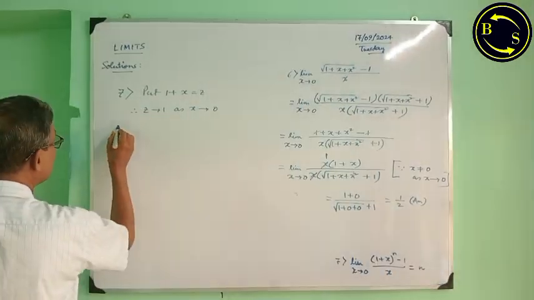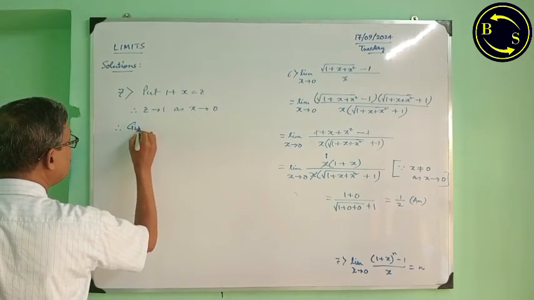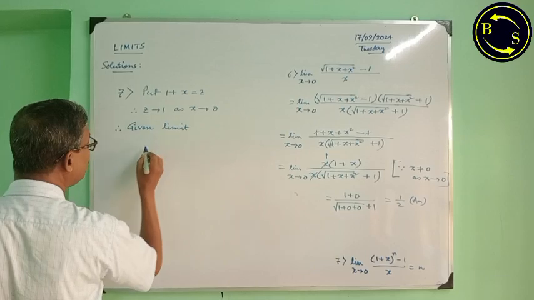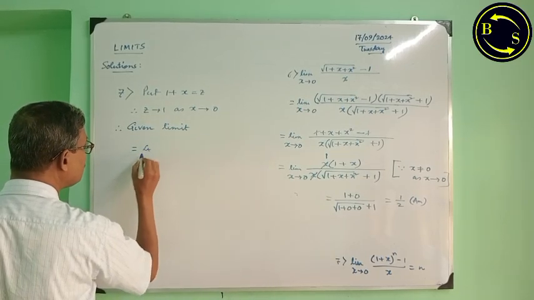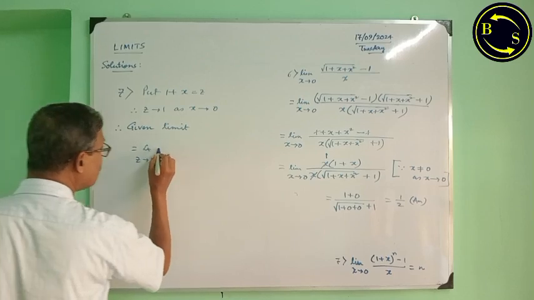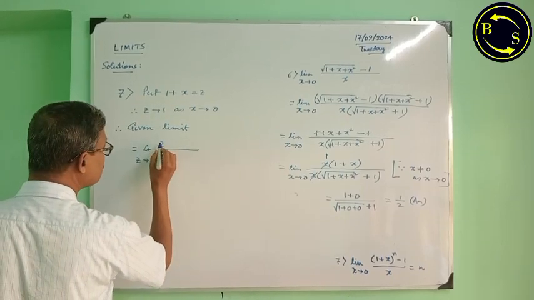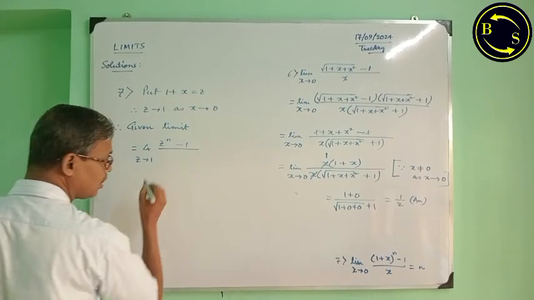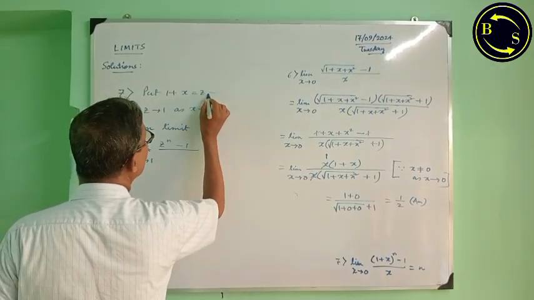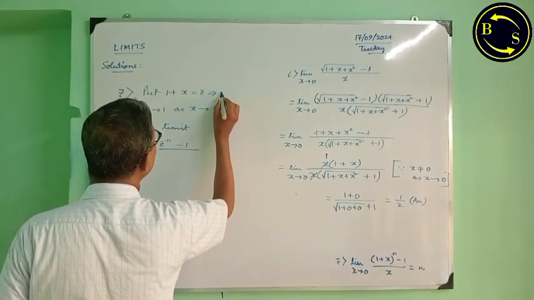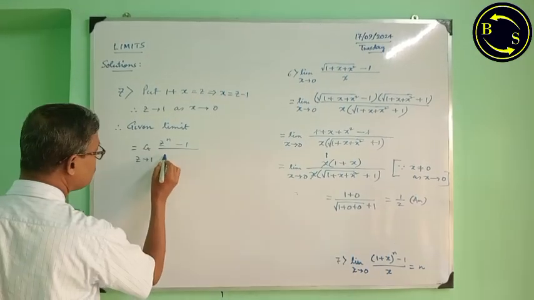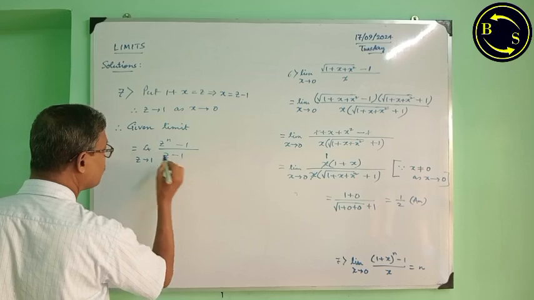Therefore, the given limit is equal to limit z tends to 1, numerator z to the power n minus 1. Now at the denominator there is x. From here we get x equal to z minus 1. That means it will be z minus 1.